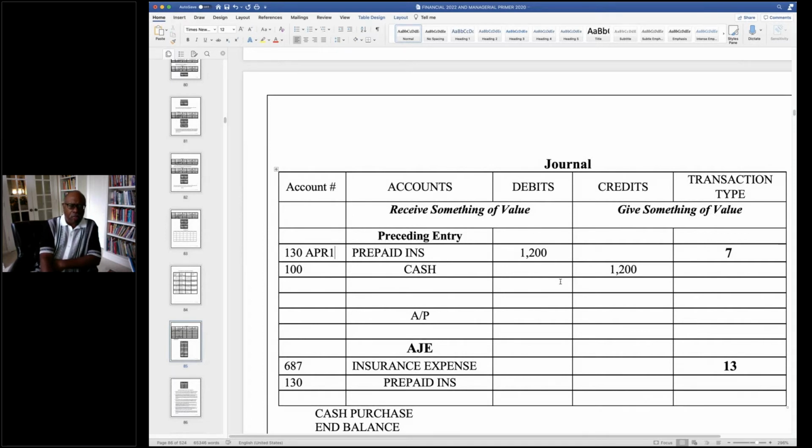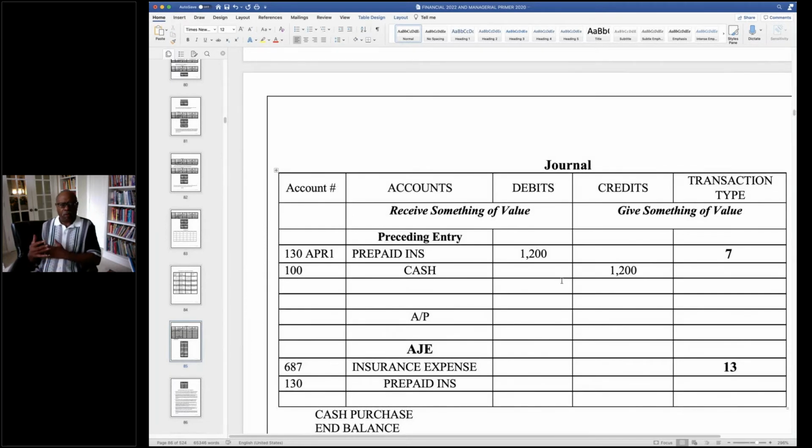So with supplies, as we use the supplies, we expense them. With the prepaid insurance, it's going to expire in time. If you got a car and you got insurance on it, when you first pay for the insurance, it's prepaid.